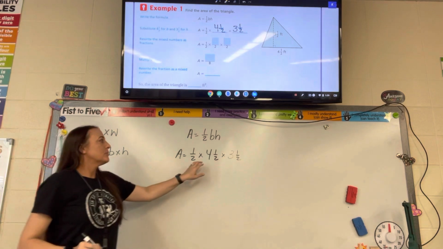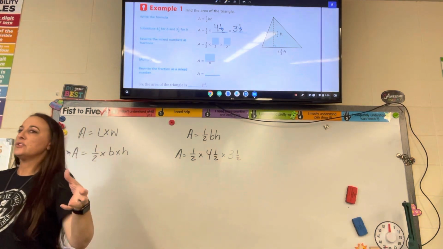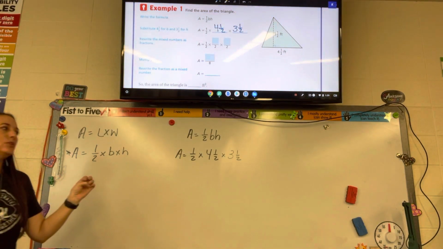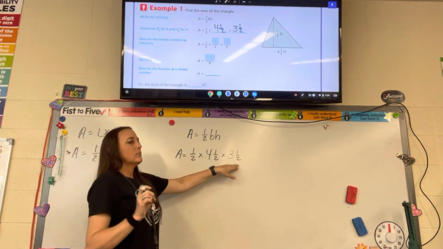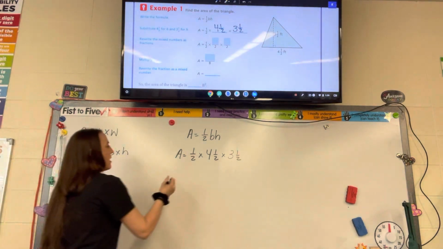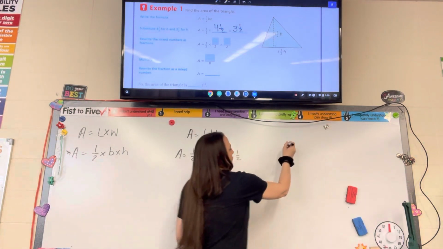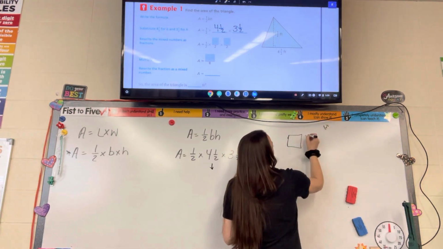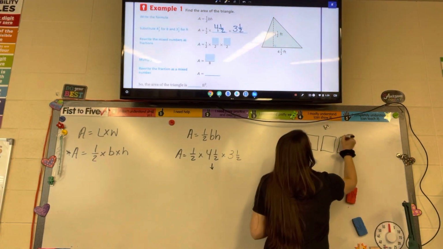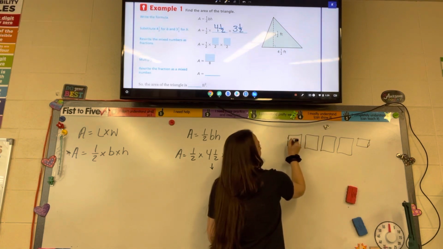We can't multiply mixed numbers together. We have to do something to them first. Can anyone tell me what we have to do to these before we can multiply them? Lily? Turn them into improper fractions. Yes. So think for a second, if you have 4 wholes and then half, how many halves is that?